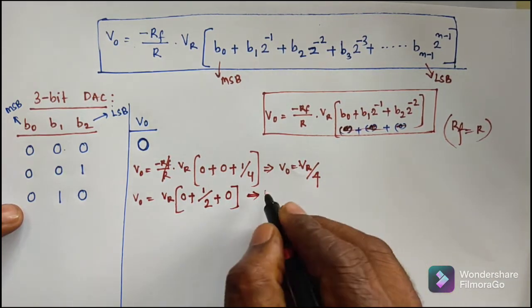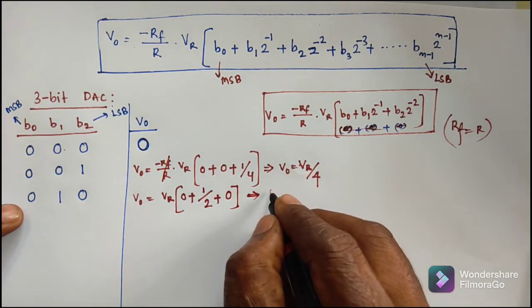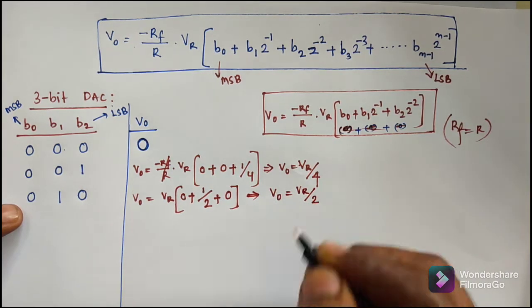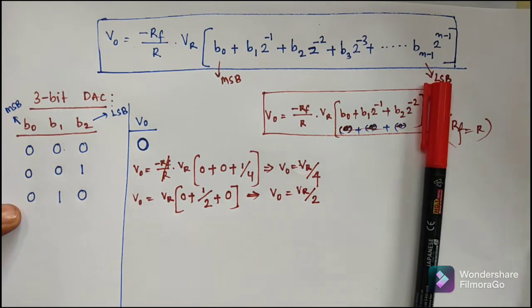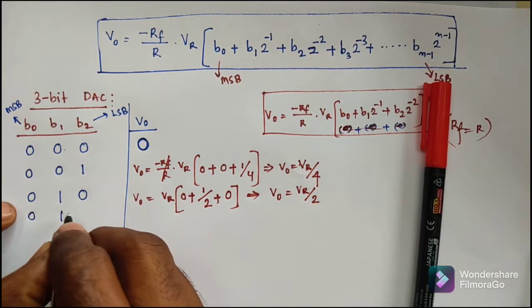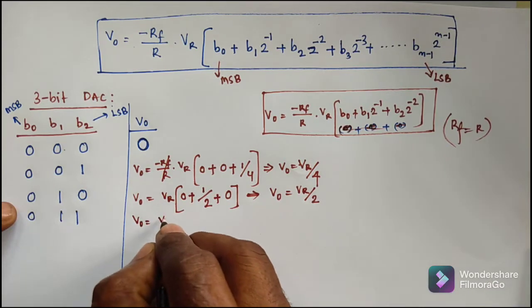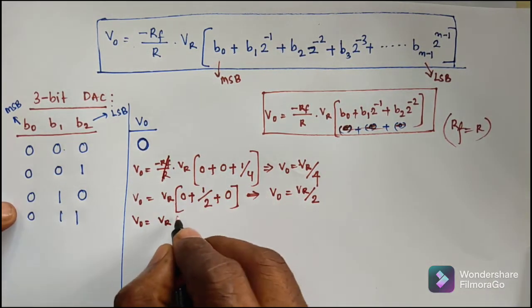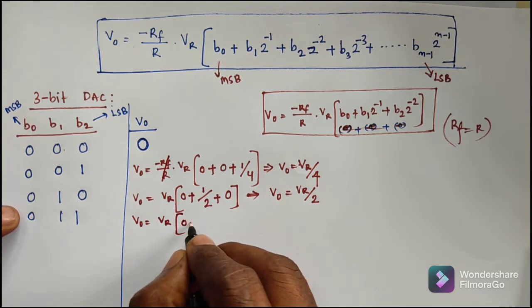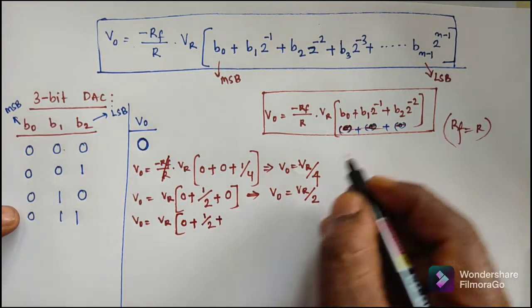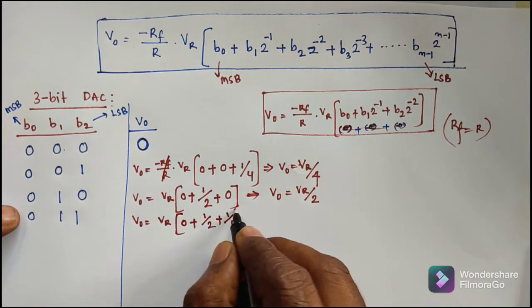Finally you will get the result V0 is equal to VR by 2. Next, similarly for 0, 1, 1, V0 value is equal to VR by 2 plus VR by 4. Why? Because if both are the same, then you can consider here 0 plus that value is 1 by 2 plus 1 by 4.